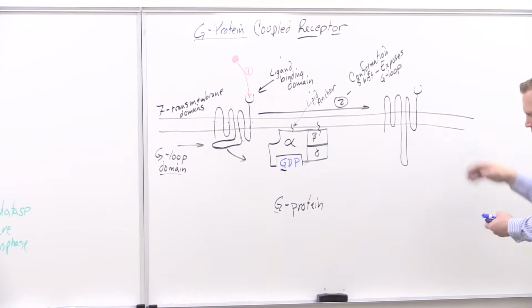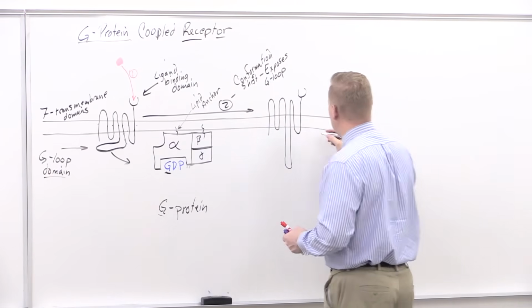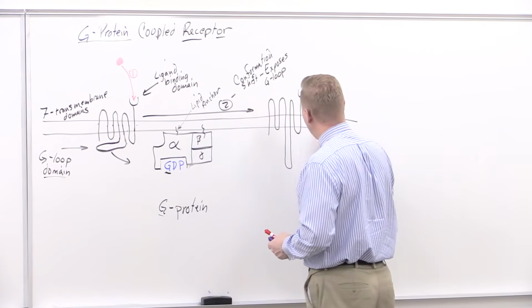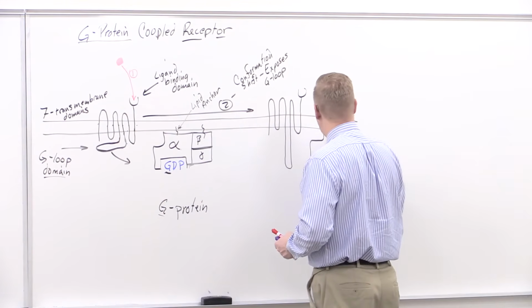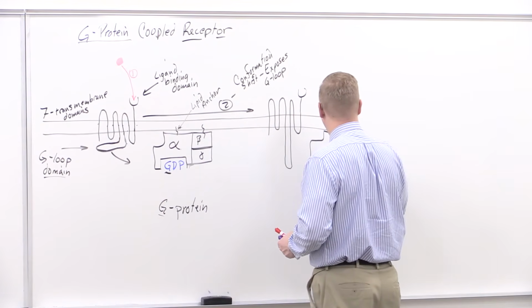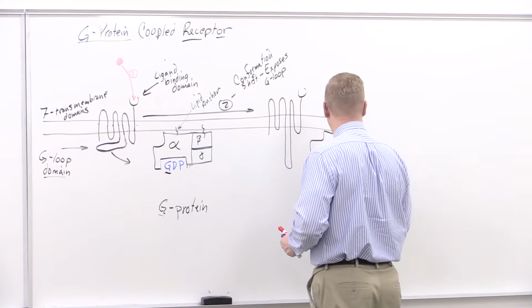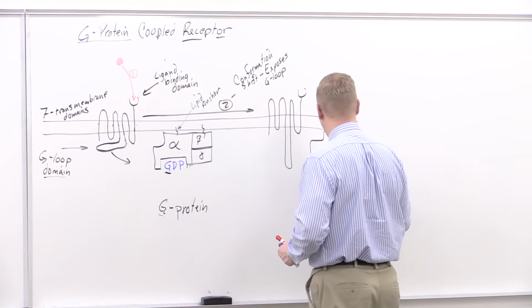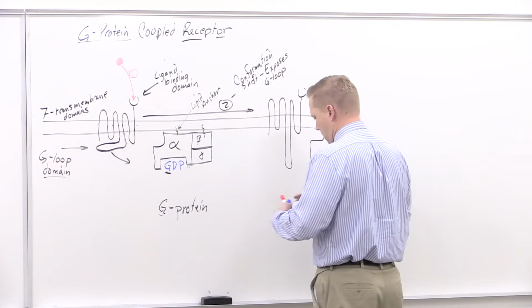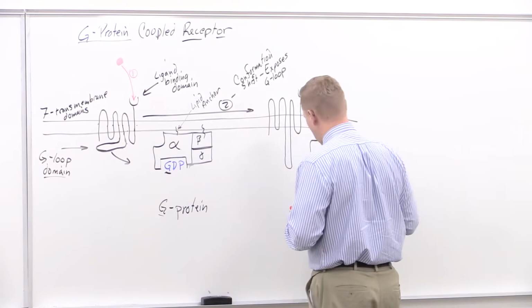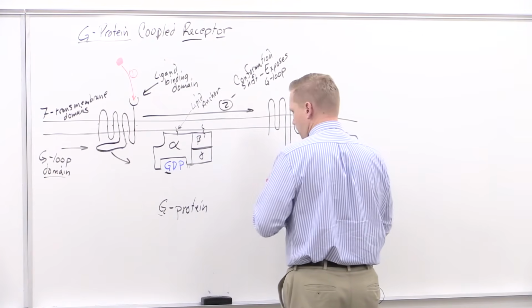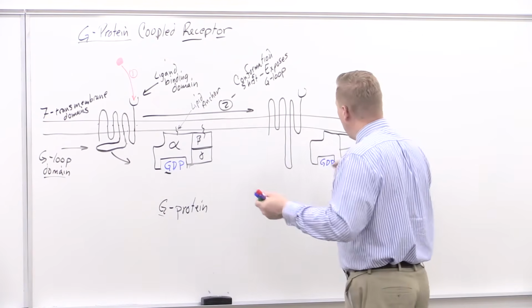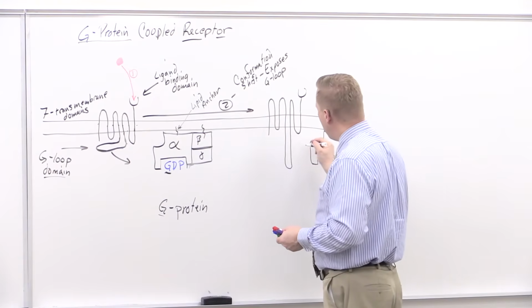Now, once that G loop gets exposed, that acts as a binding site now for my alpha subunit. And so here is my alpha subunit and my beta gamma. And we have GDP bound in it. And so now it can fit into this.